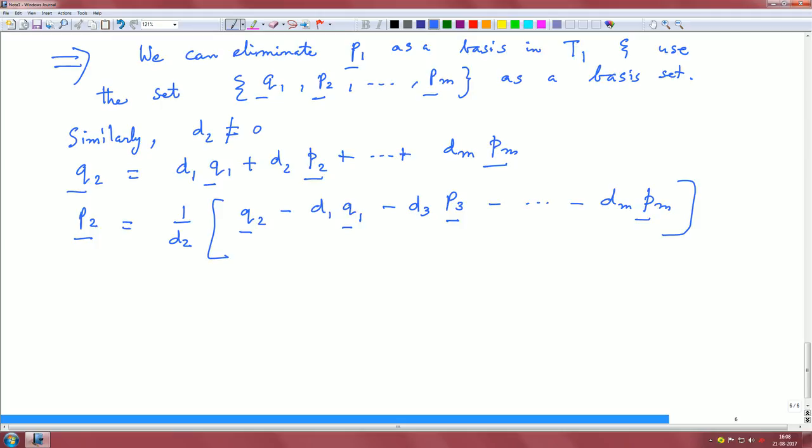So, now we have sort of gotten the trick towards doing this, right. So, now I expressed P2 in terms of the rest.